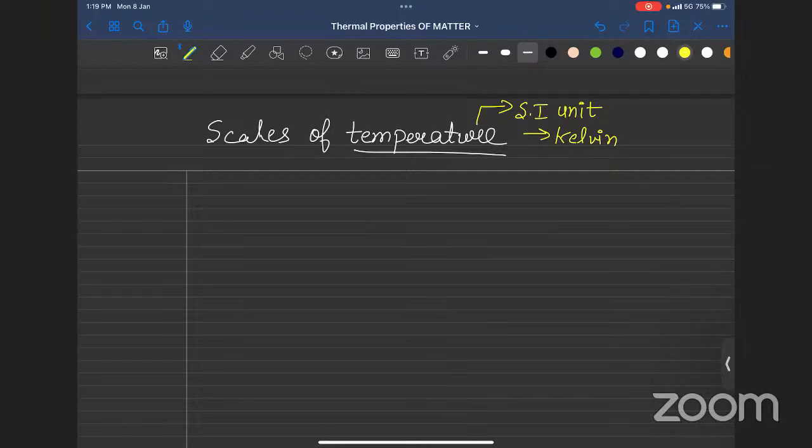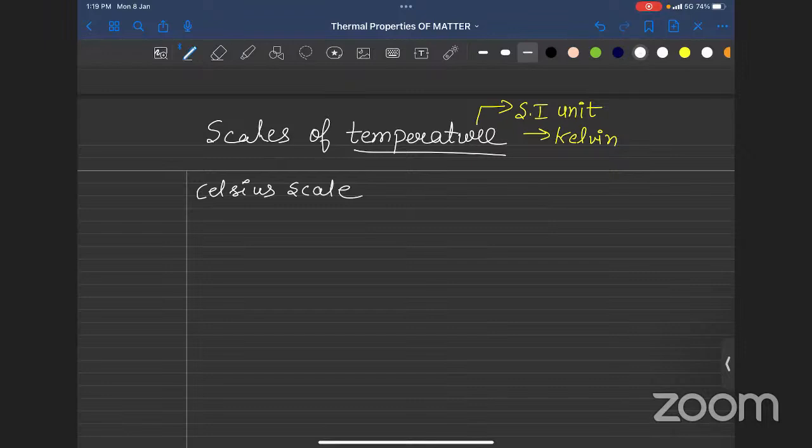Okay, now let us proceed. Celsius scale. We know temperature is a measure of hotness and coldness of a body. But now the question arises, how do we measure this temperature? There must be some measuring tool.